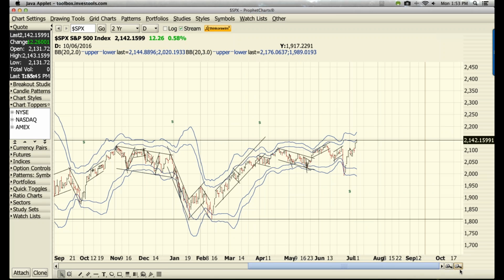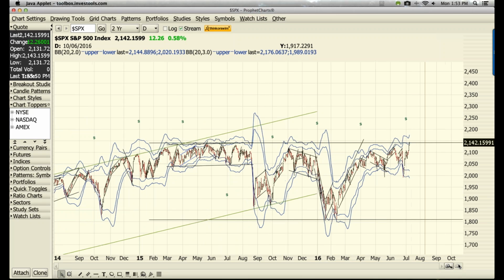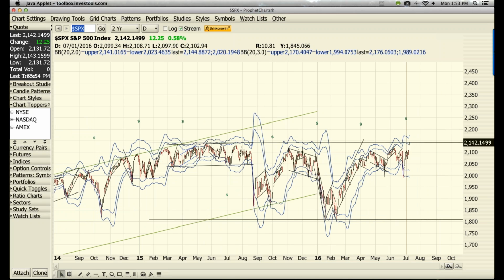But for all practical purposes, you can see here that in the past year, a little over a year, we've traded in this range on SPX that has been a 331 point range, from an all-time high down to a low of, see, that low was 1810.